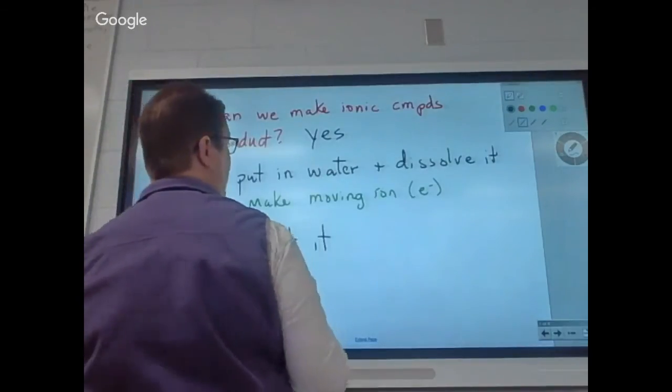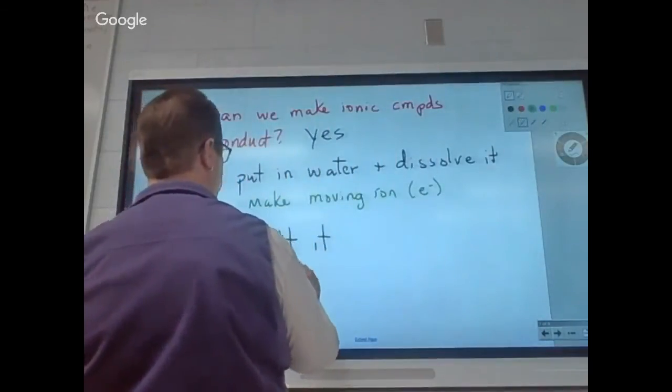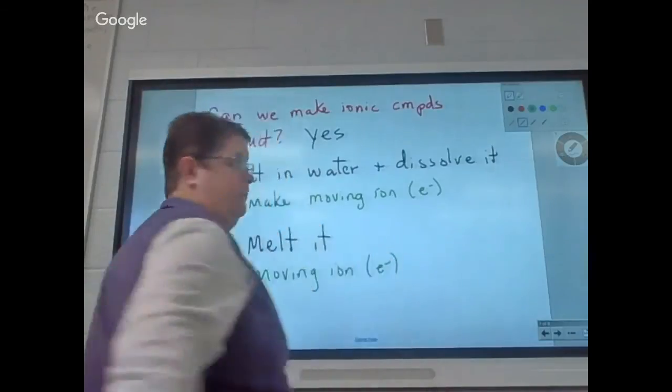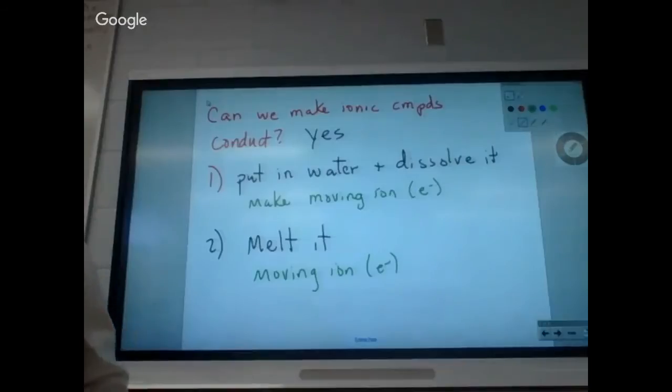Now again, you've made moving ions. Both of those allow the electrons that were locked into that crystal lattice to move. The idea behind something being able to conduct is you need moving electrons. So all you have to do is make the electrons move.